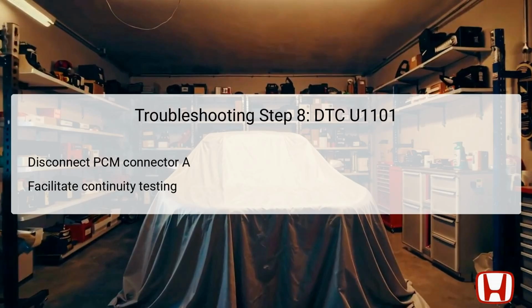Proper handling of the PCM connector is essential to prevent any damage, which could lead to further complications down the line. Clearing the connections at this junction unlocks the possibility of quickly identifying any wiring faults or continuity issues between the modules involved in the U1101 code.